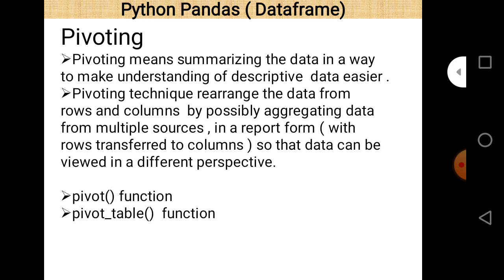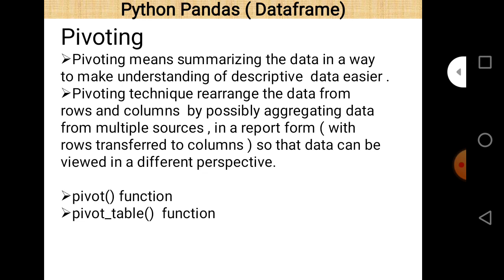Pivoting means summarizing the data in a way to make understanding of descriptive data easier. We use a data frame here, and the data frame is implemented using Python pandas. A data frame is a collection of rows and columns, in which different data is managed, and pivoting summarizes the data so that descriptive data is easier to understand.